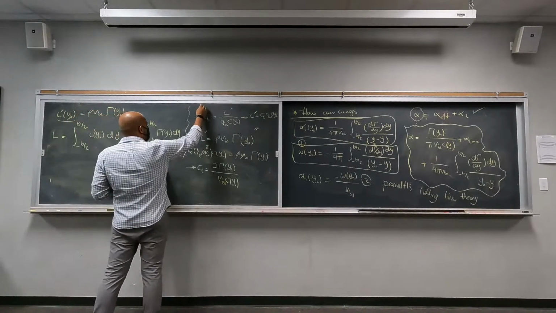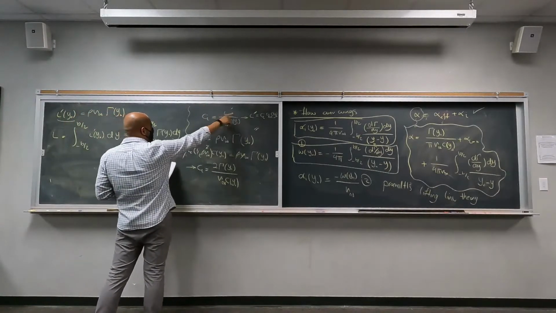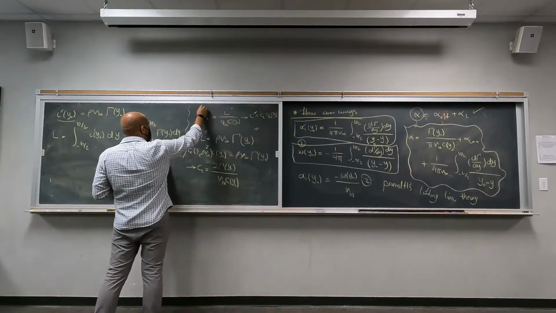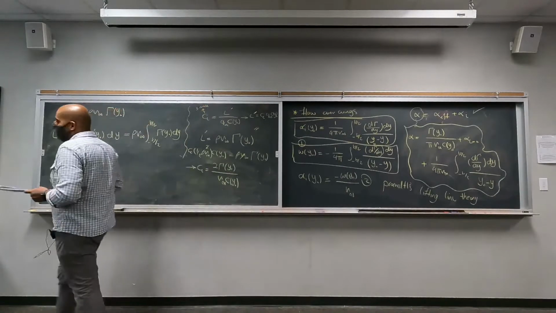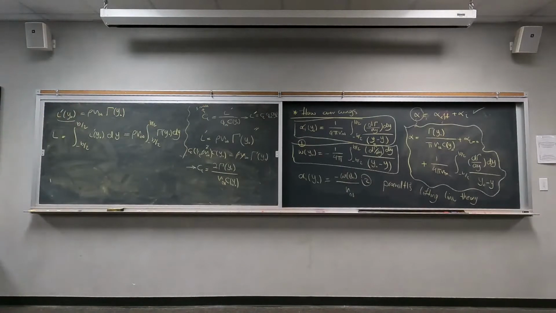This is lift coefficient over an airfoil, L prime, so we're going to use a small c for it. But if you are talking about the lift coefficient over a wing, which is a combination of all of the lift coefficients over those airfoils, we are going to use capital C.